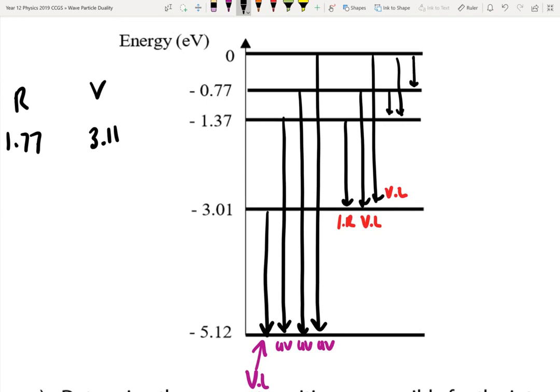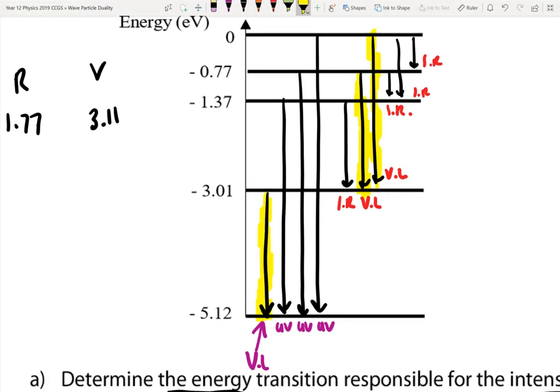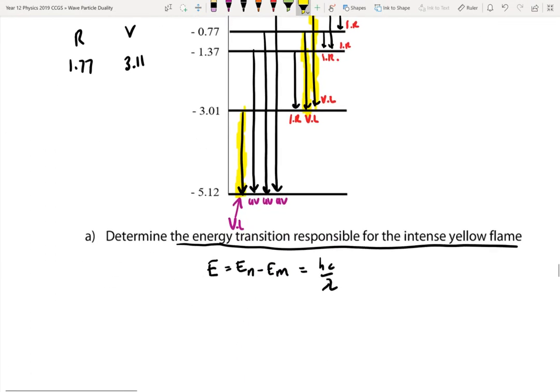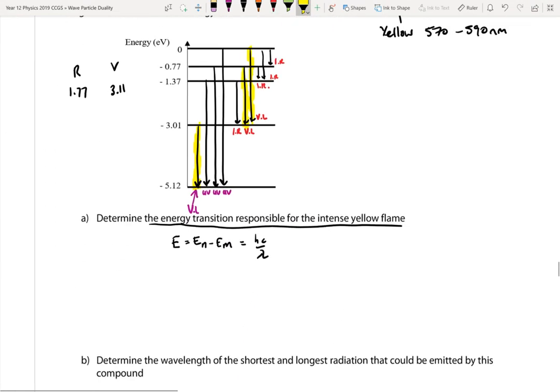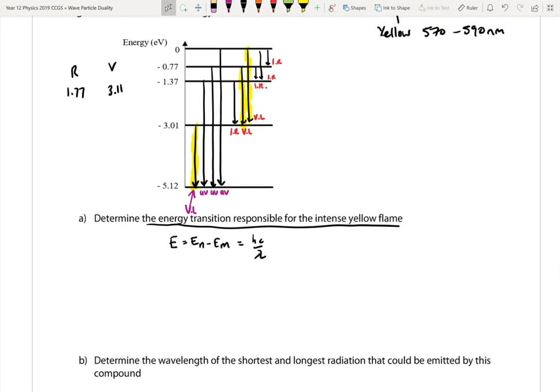Or three. Definitely infrared, and definitely infrared. So we're down to that one, and this one.